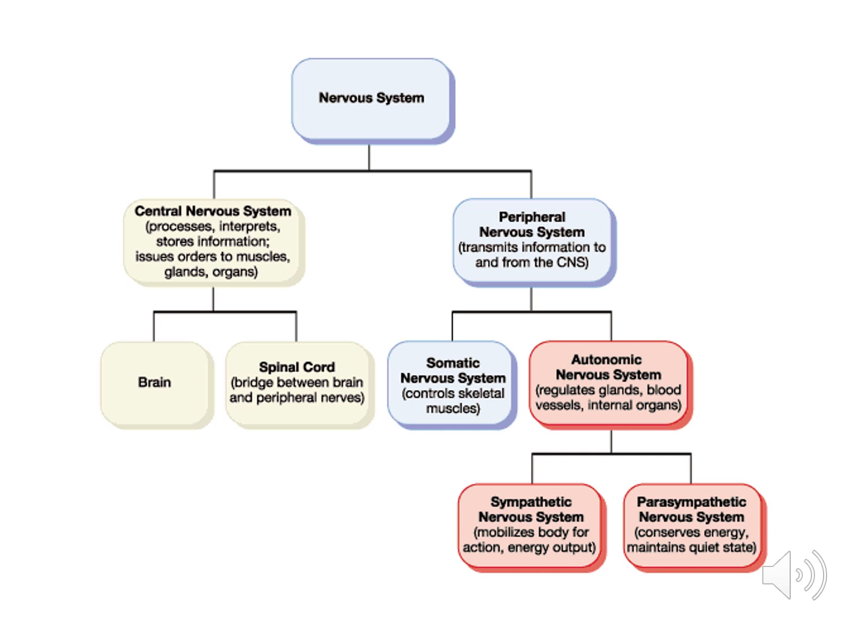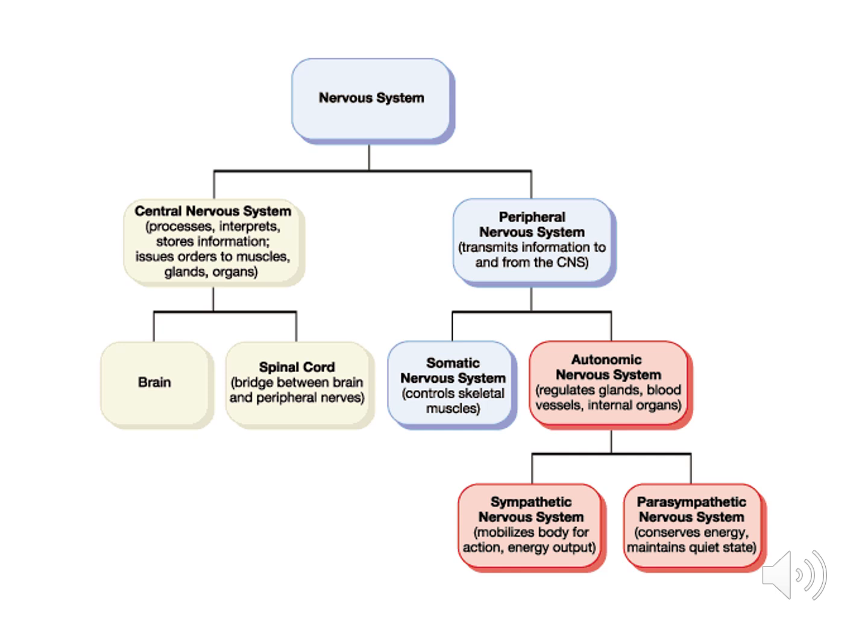The somatic nervous system regulates the voluntary activities of your body, the things that are carried out by your skeletal muscles, whereas the autonomic nervous system regulates the involuntary activities of your body, the things that are carried out by your internal organs and your blood vessels, the things that happen without you having to voluntarily initiate them.